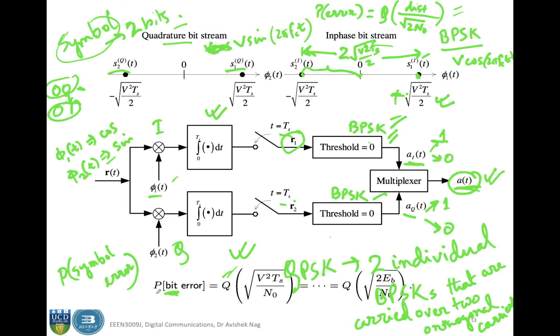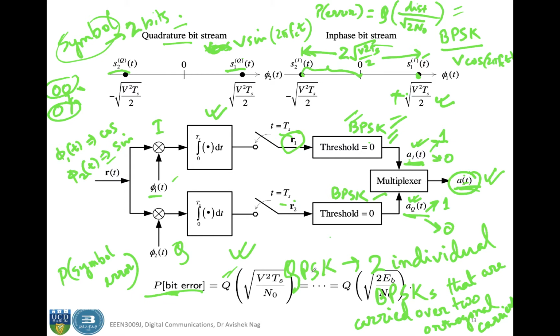So here we have defined probability of bit error, and probability of bit error is the same as the probability of bit error of any one of these individual BPSKs, because if you are observing the bits here in this AT, that bit can come from your AIT or that can come from AQT. Okay, and these two are equally likely and independent of each other.